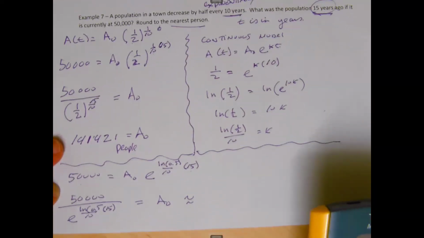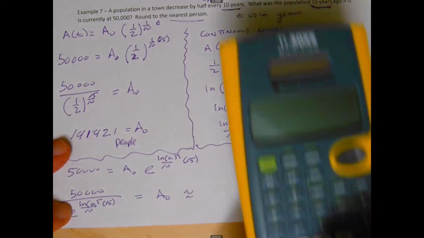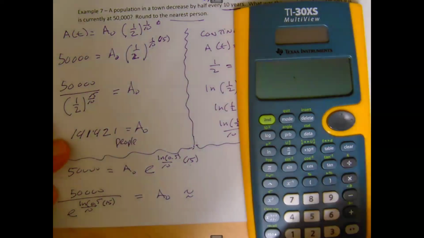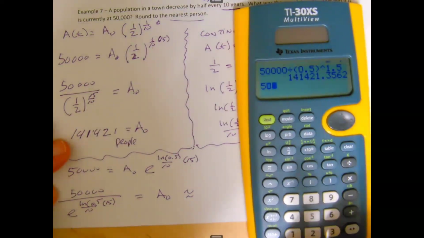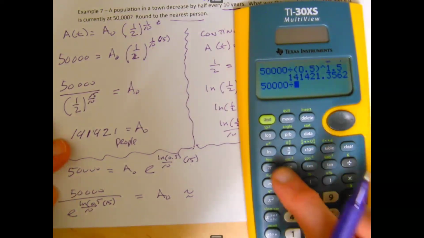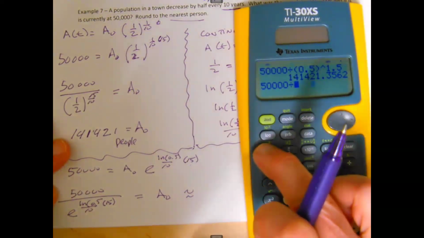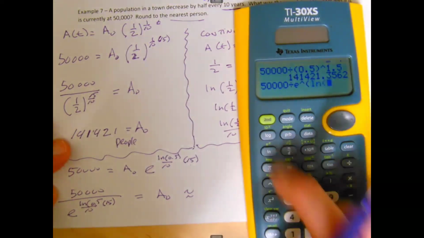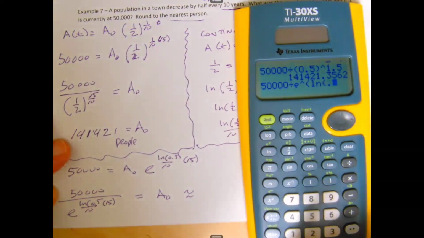Which approximately, I need to come over here, let's see what this is. So enter 50,000, divide that by, this time I'm going to put e raised to, and then it's raised to quite the mess here, the natural log of 0.5.